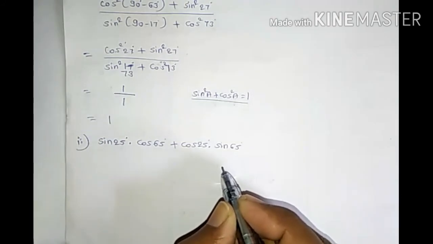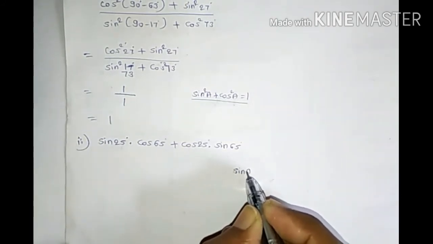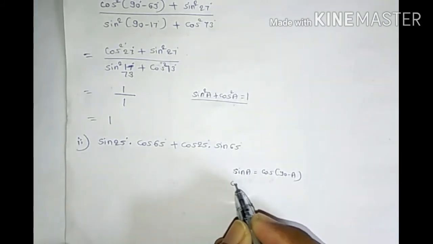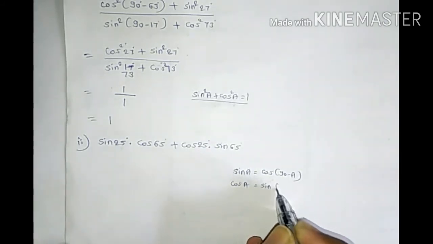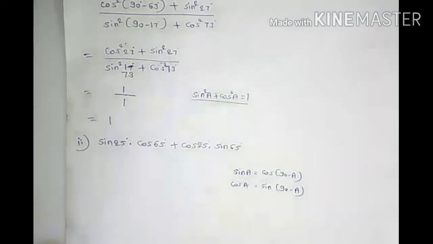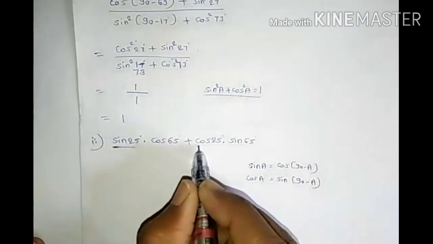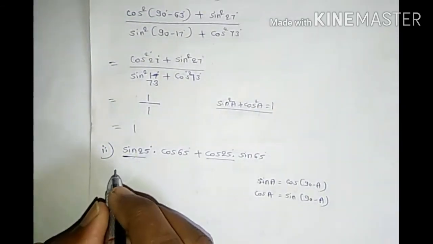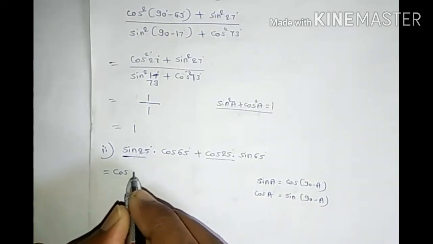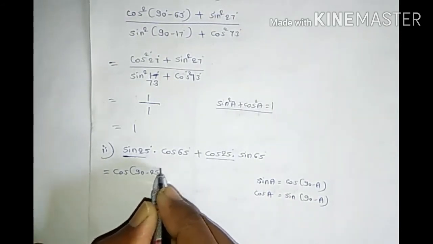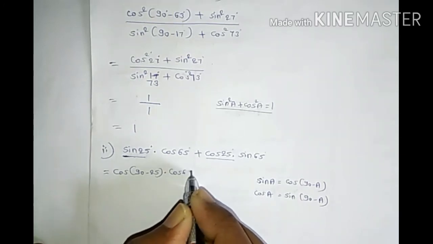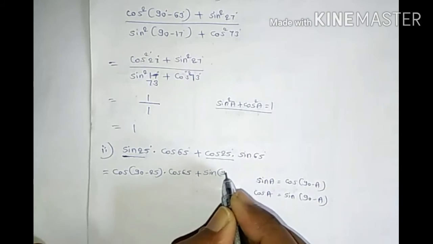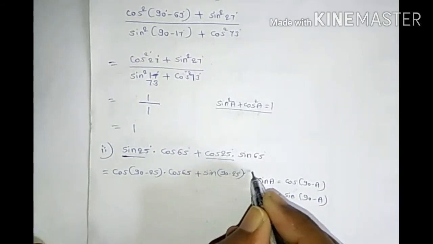This problem is same as above. Here also we use the identity that sin A equal to cos (90 minus A), cos A equal to sin (90 minus A). We will convert sin 25 and cos 25. It becomes cos (90 minus 25) into cos 65 plus sin (90 minus 25) into sin 65.